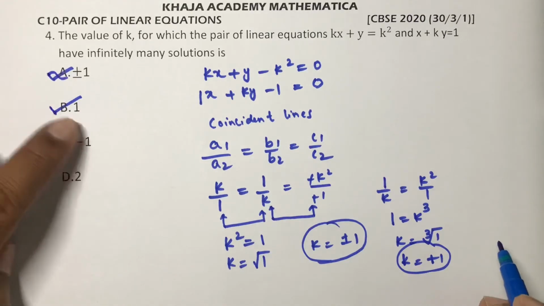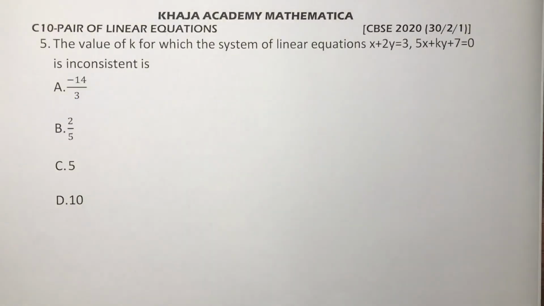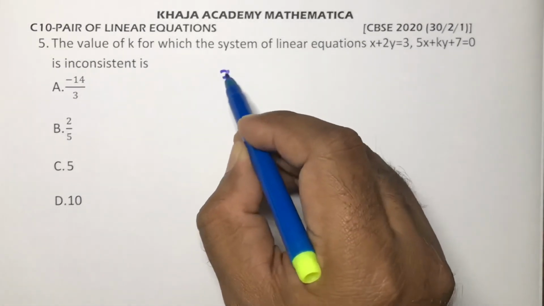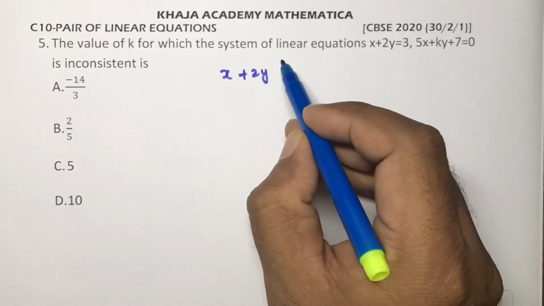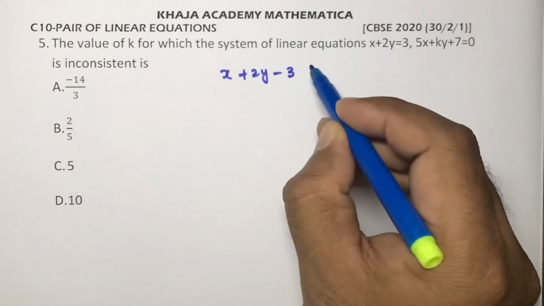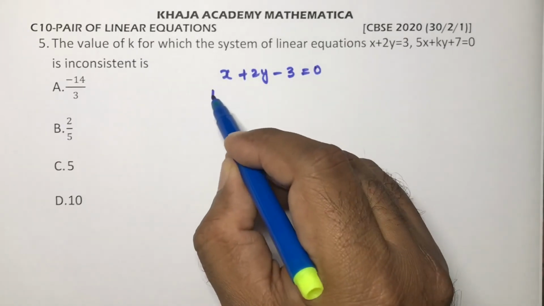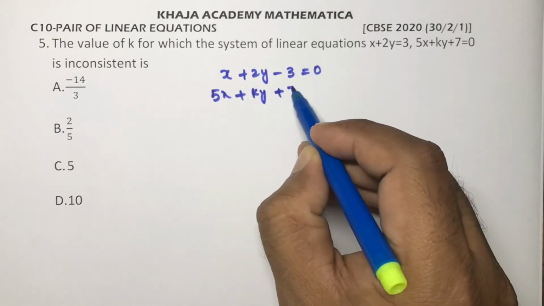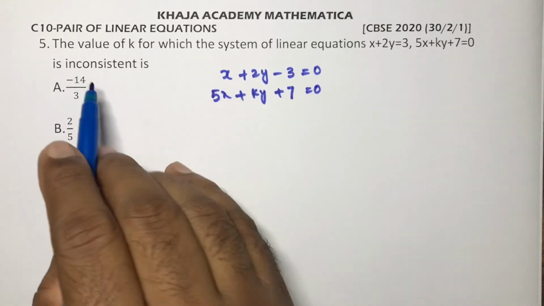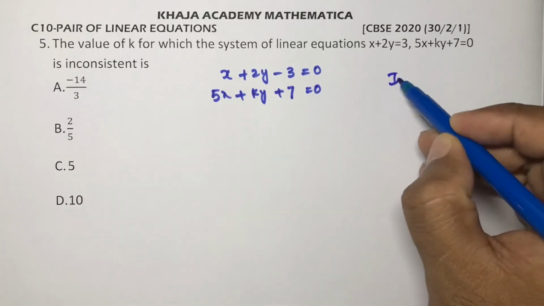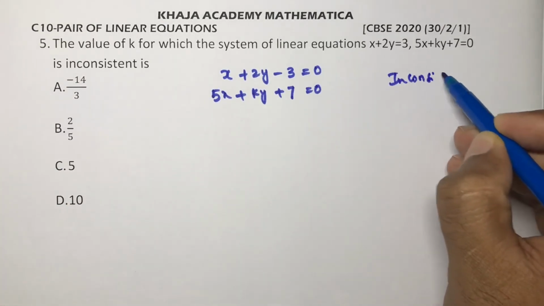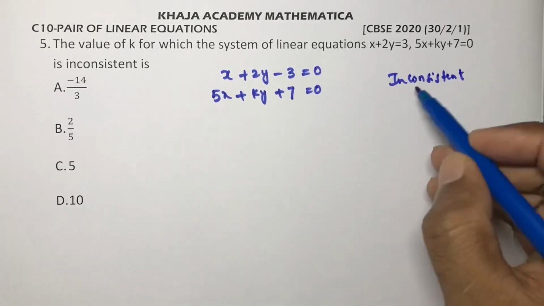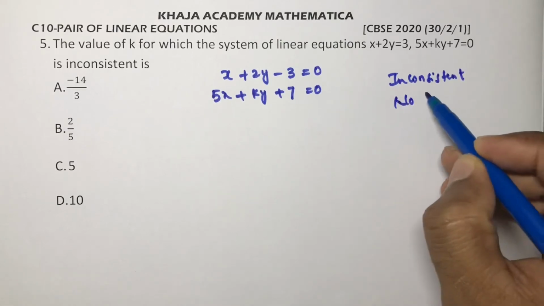The value of k for which the system of linear equations x plus 2y minus 3 equals 0, 5x plus ky plus 7 equals 0 are inconsistent. See, inconsistent lines are those for which we will not get a solution.